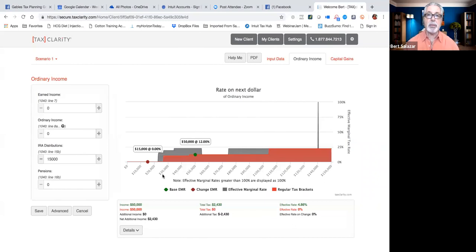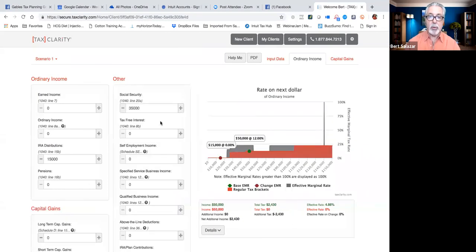So you pretty much doubled your standard deduction. Yes, you did lose your personal exemptions, but in this case the clients are still ahead of the curve compared to 2017.